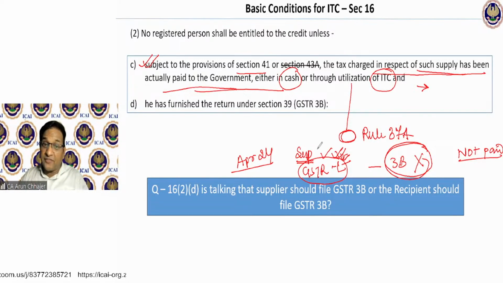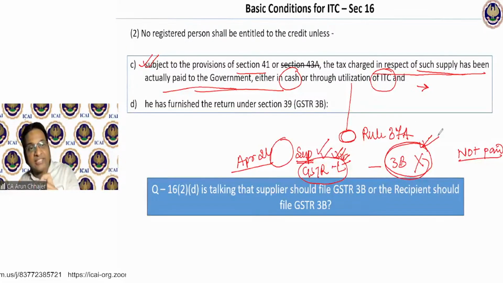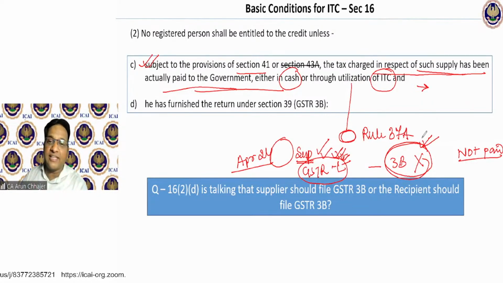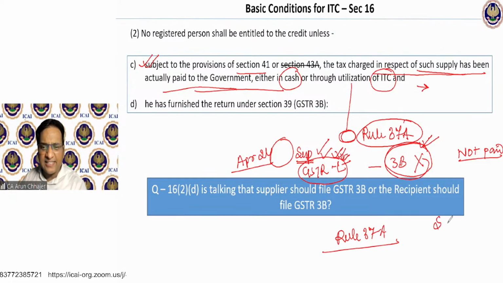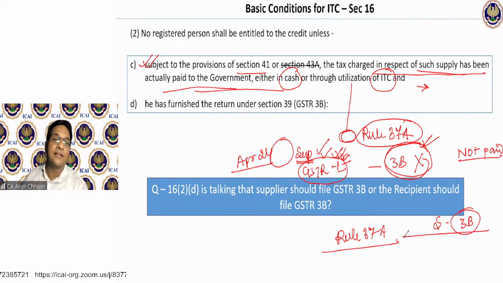If the supplier has filed the GSTR1 of, let's say, April 24 and the corresponding 3B is not furnished, I can surely say that this tax has not been paid to the government. If I can surely say this, this is nothing but Rule 37A. It says that if the supplier does not file the GSTR 3B, then the recipient has to reverse the ITC.